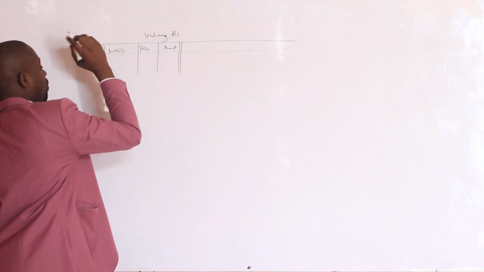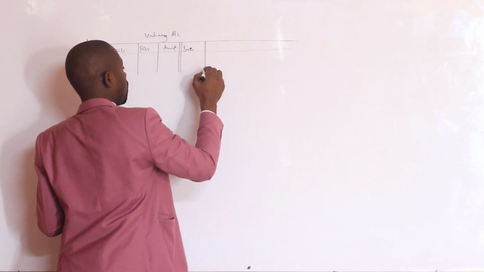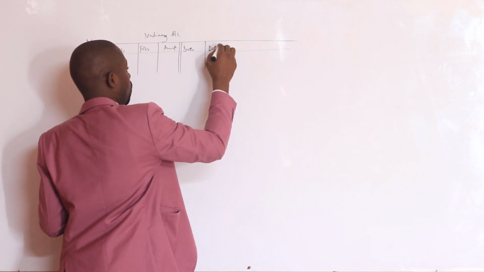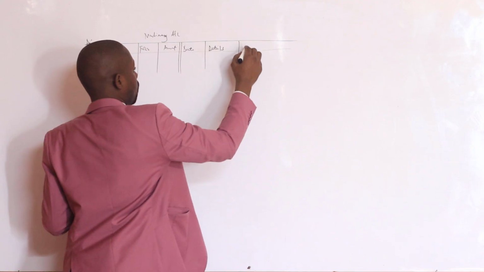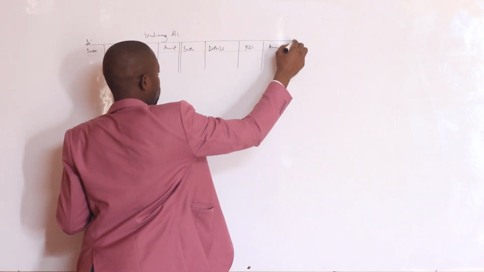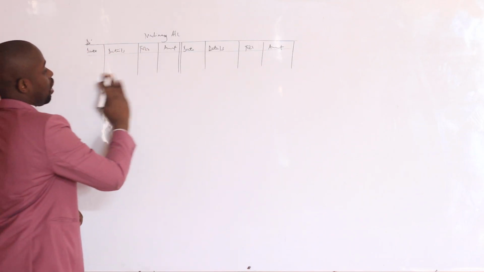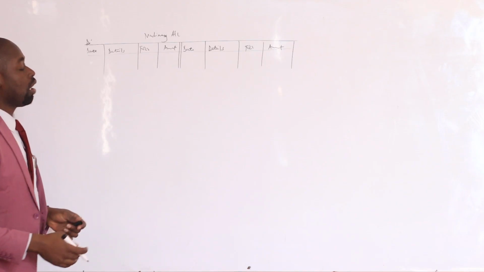This is called debit side. Same will appear on the credit side. Date, details or particulars, folio, amount. So this is the format of a ledger account or just an account.